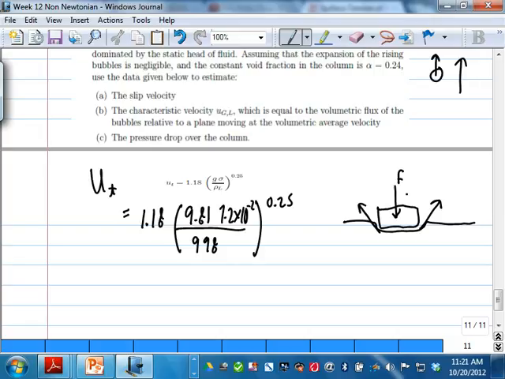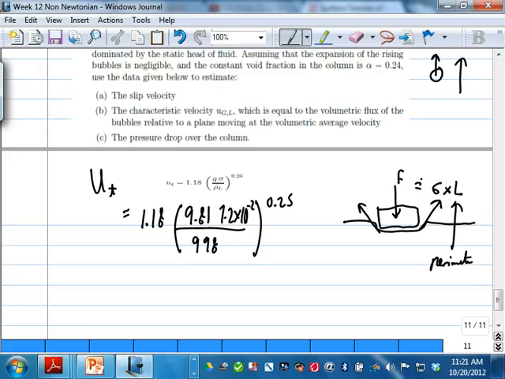This force is sigma times L, where L is the perimeter. So that's why sigma has units of force per unit length.